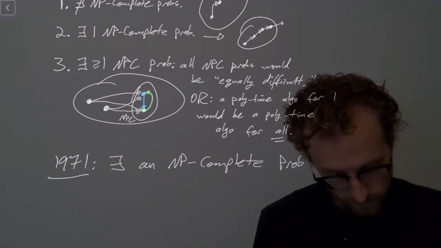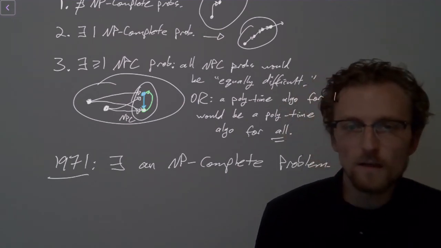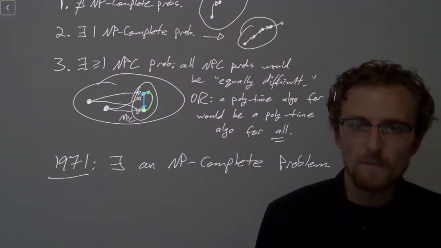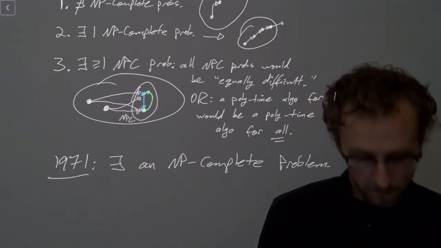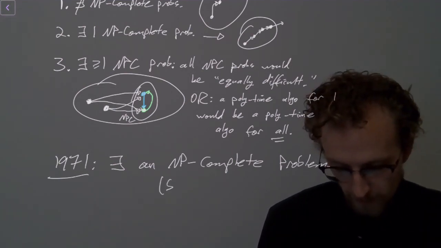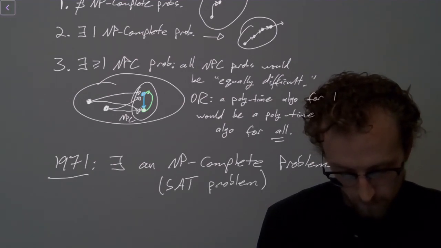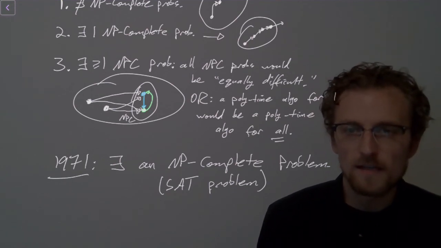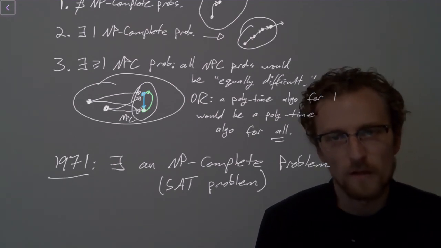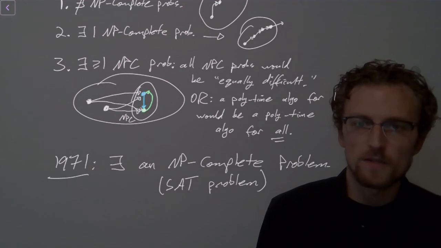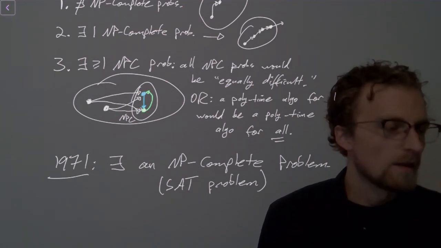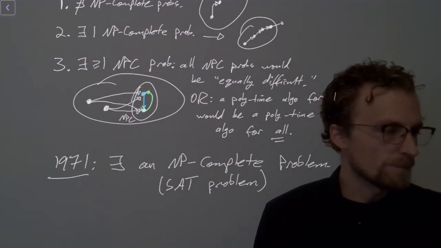And this by itself is really important, right? Because what that means is now that's a problem we can focus on. And by the way, this is the SAT problem, the Boolean satisfiability problem. We're not going to get into all the detail that we really should in this class, but go look up the SAT problem and familiarize yourself with it, because it's a super important problem.